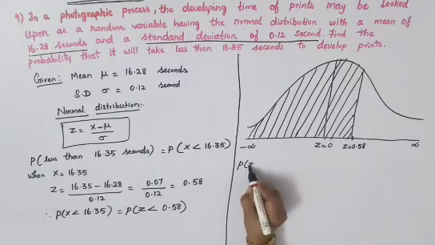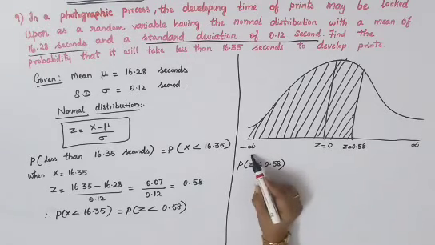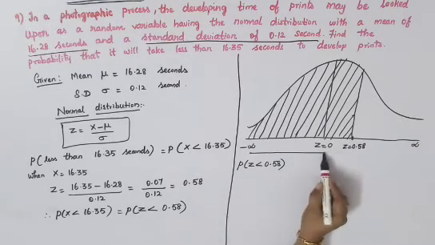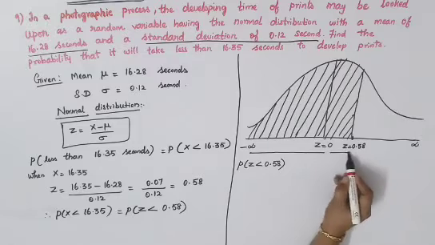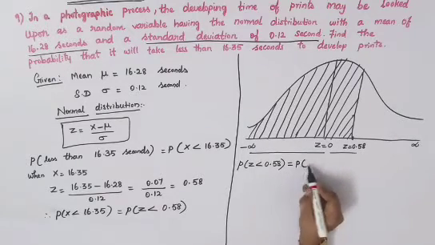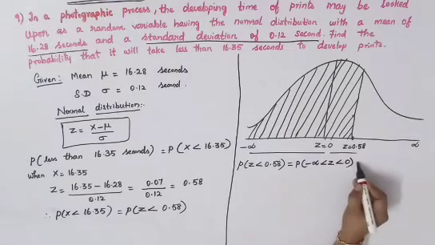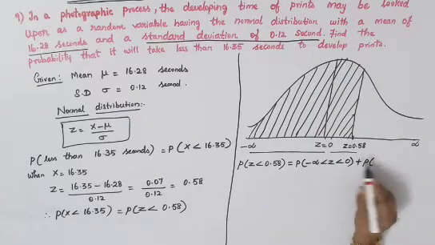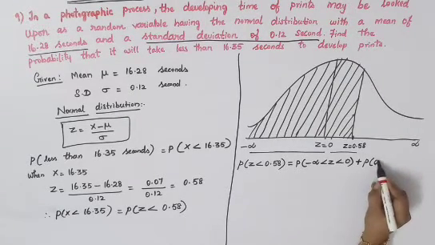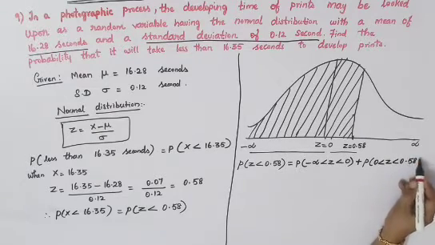P of Z less than 0.58. You have to split it like this, children: from minus infinity to 0, then 0 to 0.58. If you add it, the whole region will be covered. So you can write it as P of minus infinity less than Z less than 0, plus P of 0 less than Z less than 0.58.